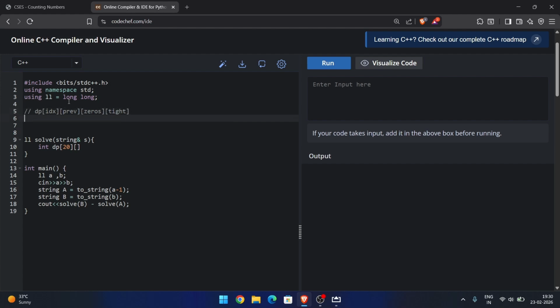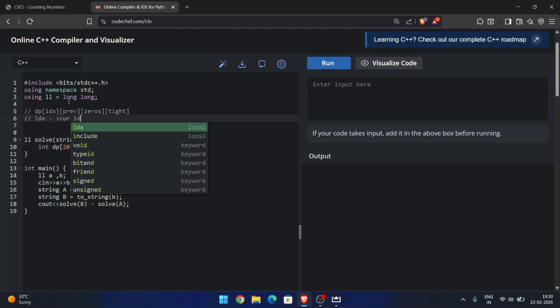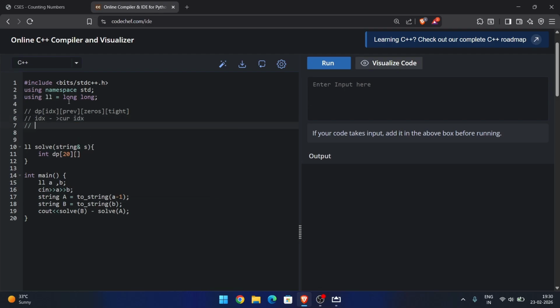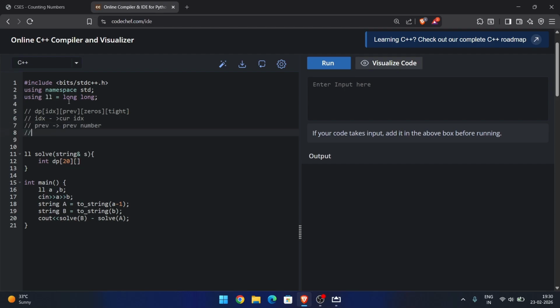So what does this index show? Index shows the current index at which we are. Okay, previous shows the previous number which we have put. Zeros gives me the number of leading zeros.